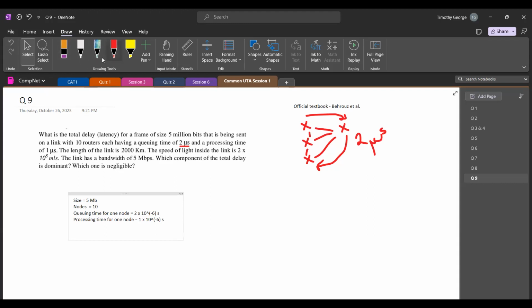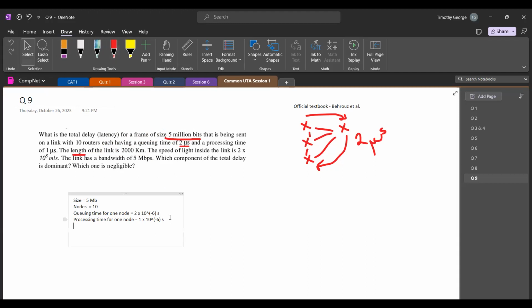Then we're given the total length of the link. We have 5 million bits that need to be sent, so you have a frame of 5 million bits, and that frame needs to travel along 2,000 kilometers.